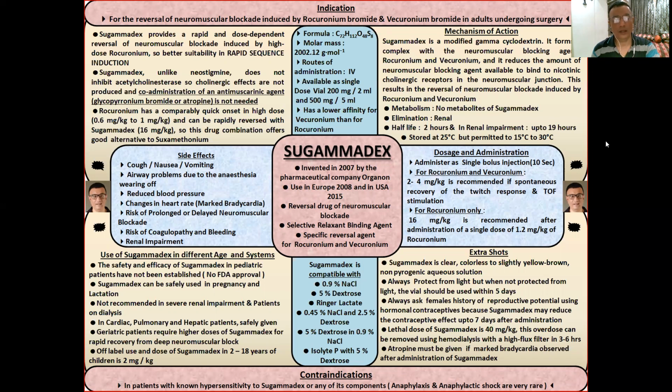And remember, the co-administration of glycopyrrolate or atropine with neostigmine is not required with sugammadex, because co-administration of an antimuscarinic is not needed. The dose is 0.6 milligram per kilogram to 1 milligram per kilogram. We especially use it for rocuronium, and it has a weak vecuronium reversal effect also.